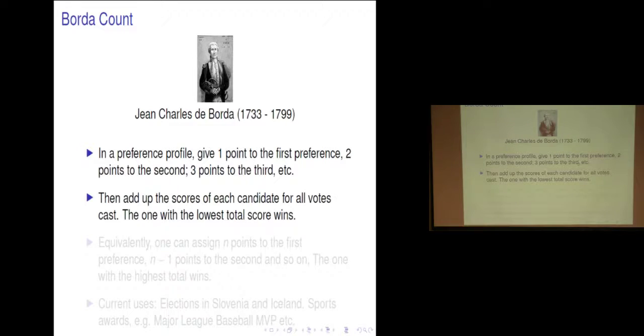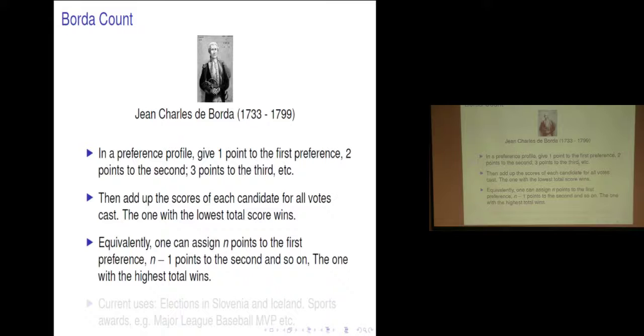And then we add up all these scores, okay? So we add up the scores of each candidate for all votes cast, right? The one with the lowest total score wins. You see we put 1 point for the first preference, so the smaller the number is, the better, right? So this is the plan. This is the method suggested by Borda.